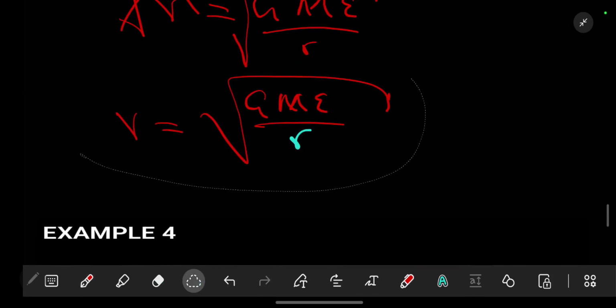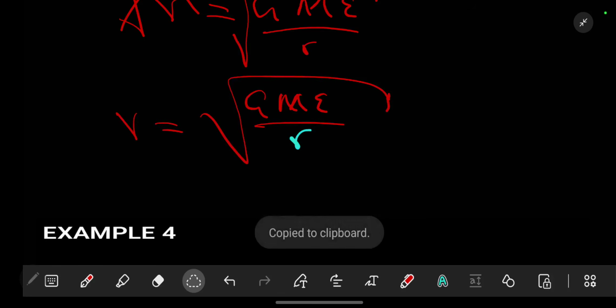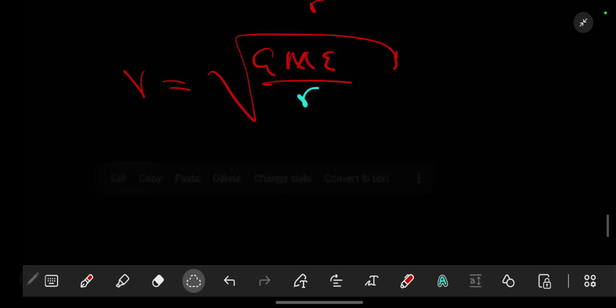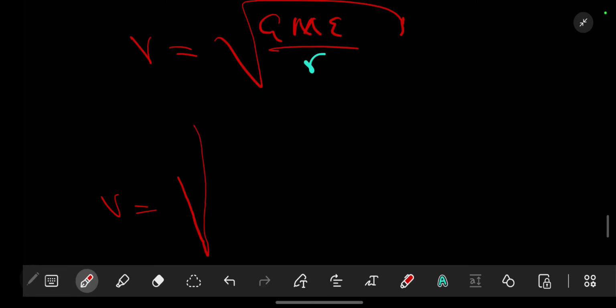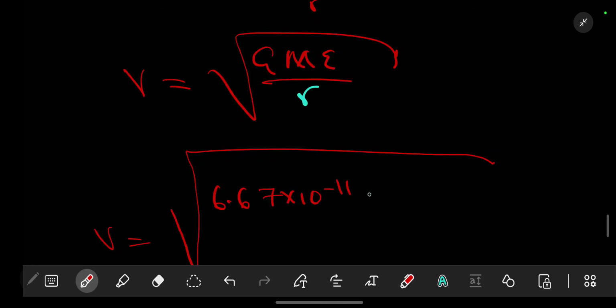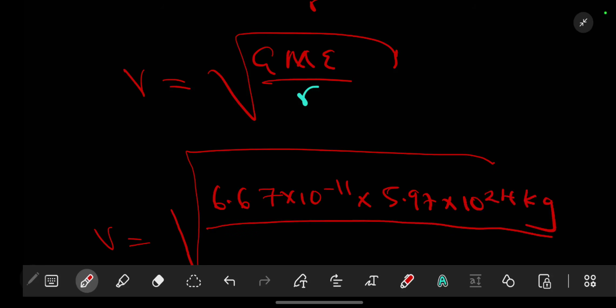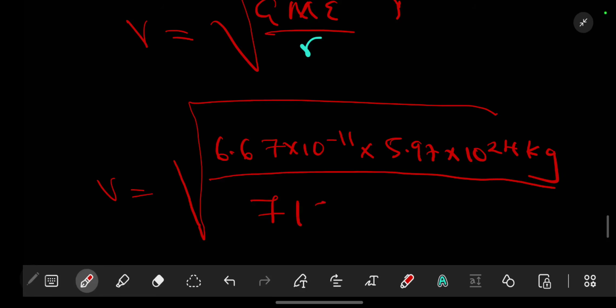Putting everything into the equation, v should be equal to the square root of G, which is 6.67 times 10 to the power of negative 11, times the mass of the Earth, which is 5.97 times 10 to the power of 24 kg, over the radius, which is 7.15 times 10 to the power of 6, which we have found.